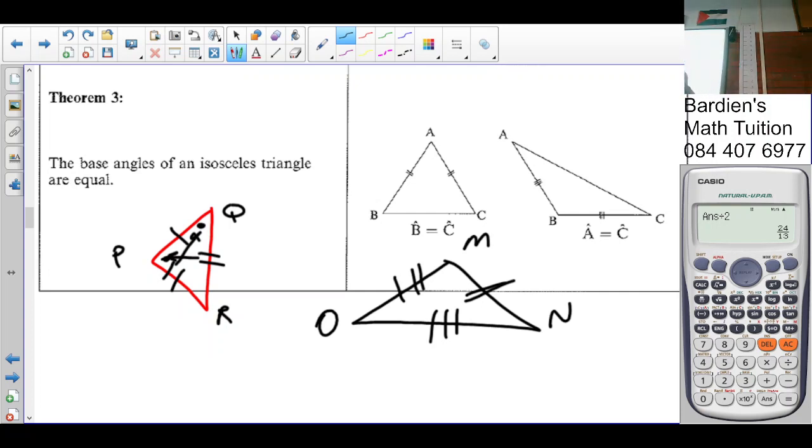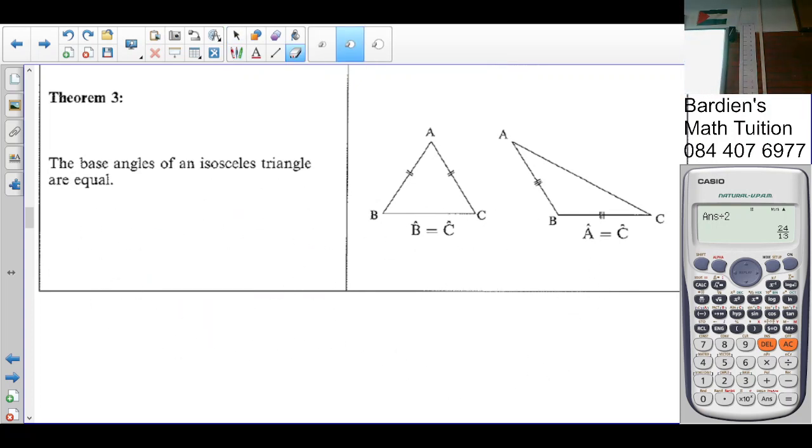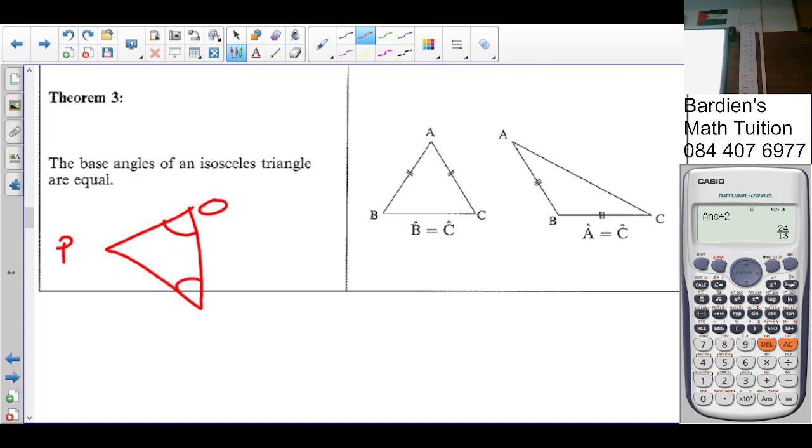So you guys get the idea. If we have 2 lengths that are equal in a triangle, the base angles will be equal. You guys understand? So, if you have a triangle now looking like this, and that angle is equal to that angle, you got PQR. Then what can we say?